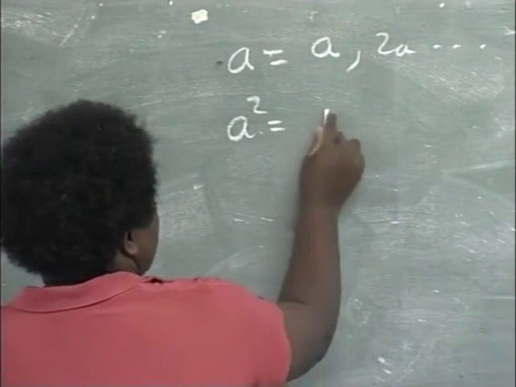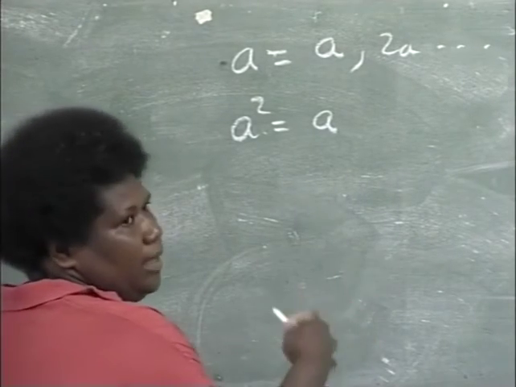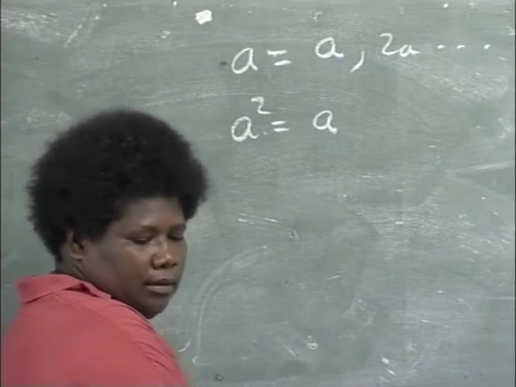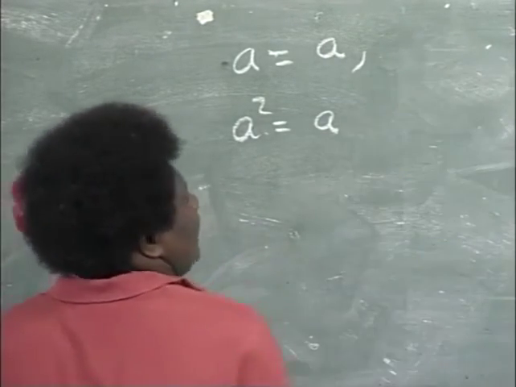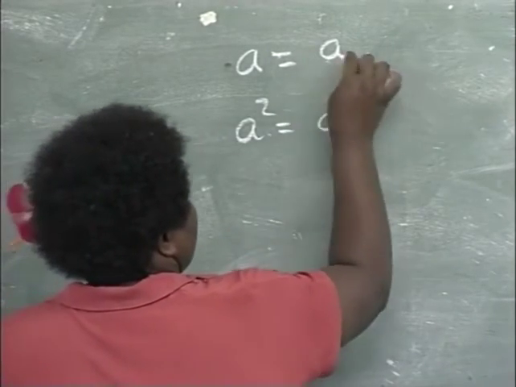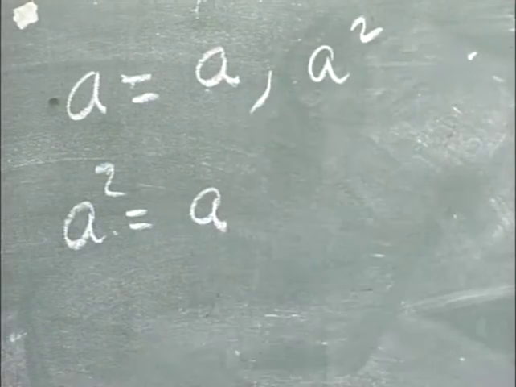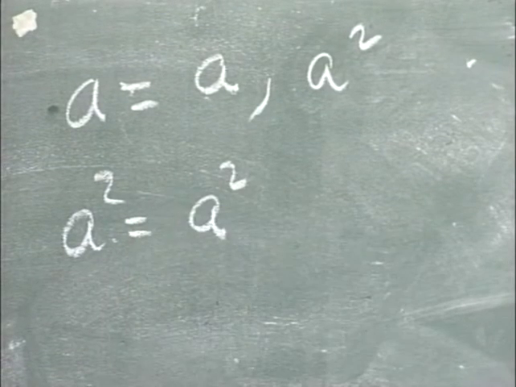For a squared, if I multiply by a instead of 1 and 2, I will get a, and then a times a will be a squared.